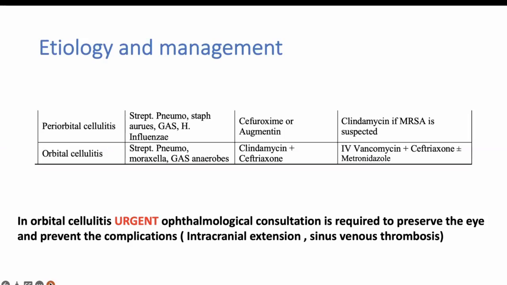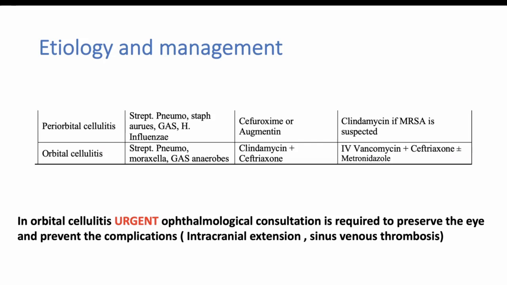The commonest etiologies are the same as sinus infections: strep pneumo, group A strep, Moraxella, Haemophilus. With periorbital, sometimes staph can also cause the infection. With orbital cellulitis, as I told you, sometimes anaerobes can be the causative organism.